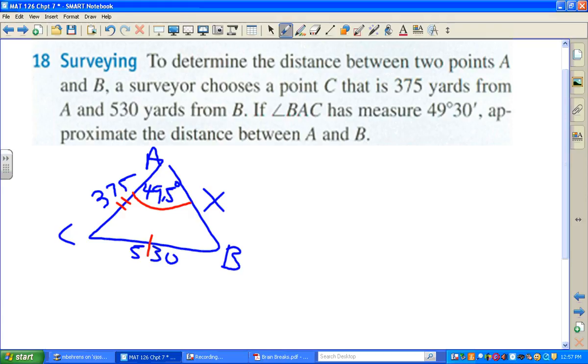Can angle B be obtuse or acute? Does that have to be acute, obtuse, or could it be both? Right, angle B has to be acute in this situation because it's not longer than 530.